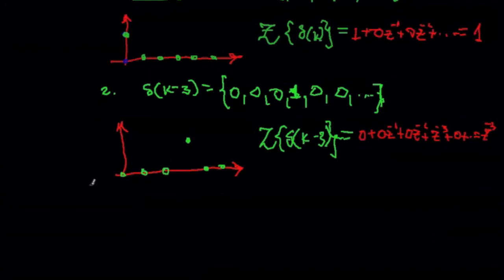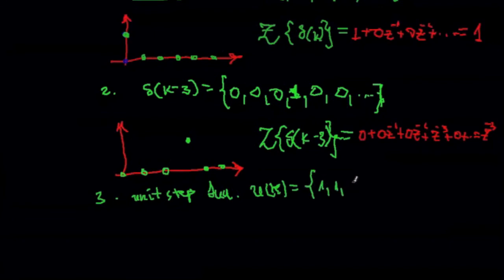This is the case of the unit step function, u of k, given as 1, 1, 1, and so on.